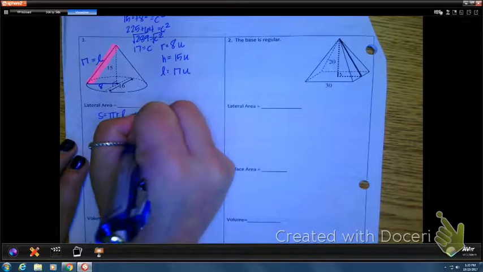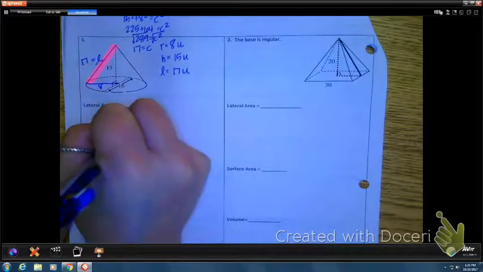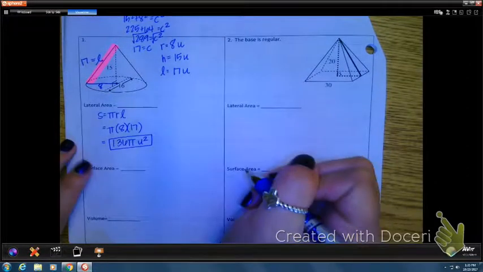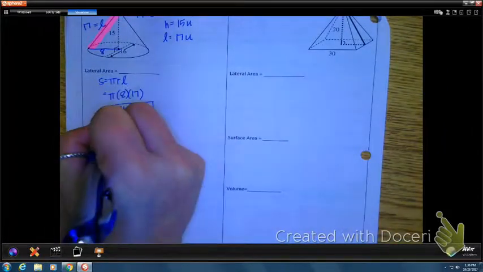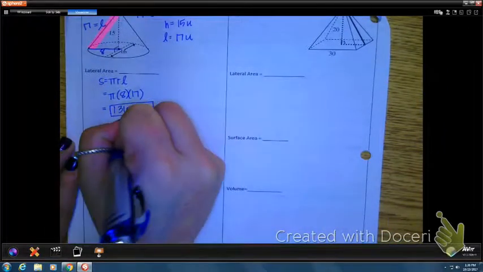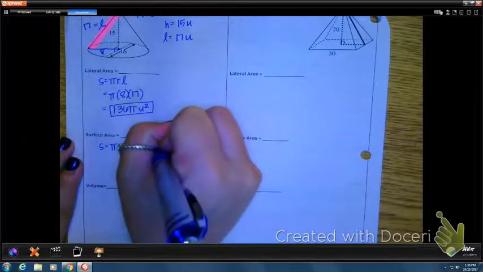(136 pi units squared). Okay, total surface area, you have pi r L plus pi r squared.